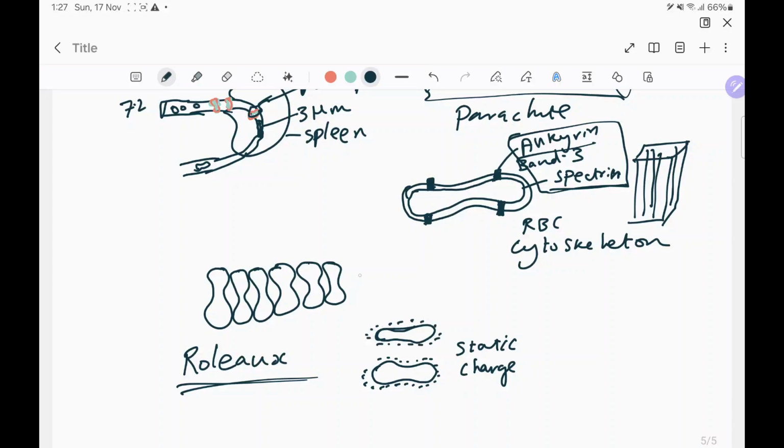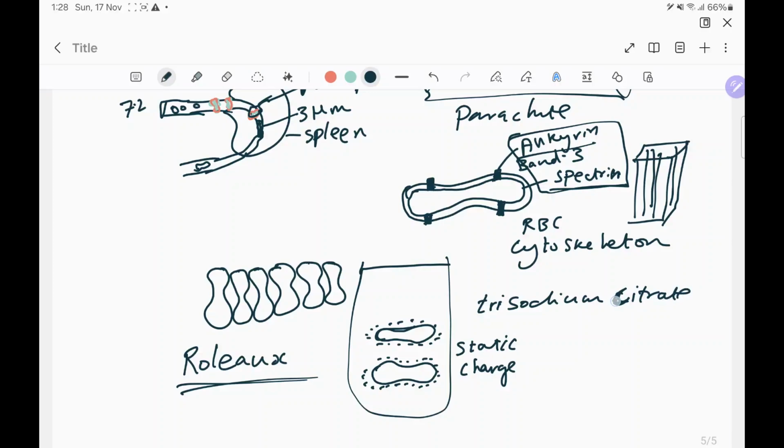But if you leave cells to stand with anticoagulant, you usually use an anticoagulant called trisodium citrate. You take the trisodium citrate, mix it with the blood, so the blood doesn't clot. Now, what's going to happen? These cells tend to stack on each other eventually as time passes by. You get this rouleaux formation.